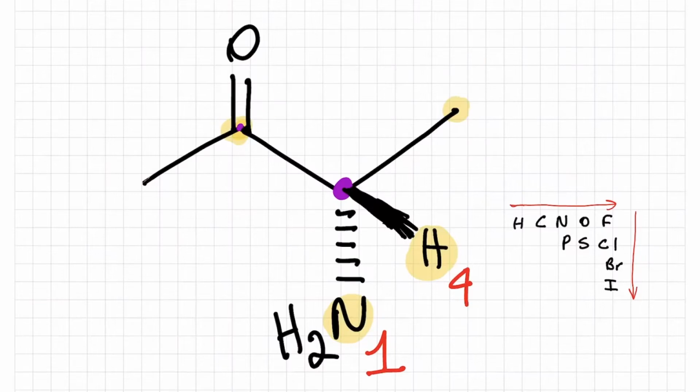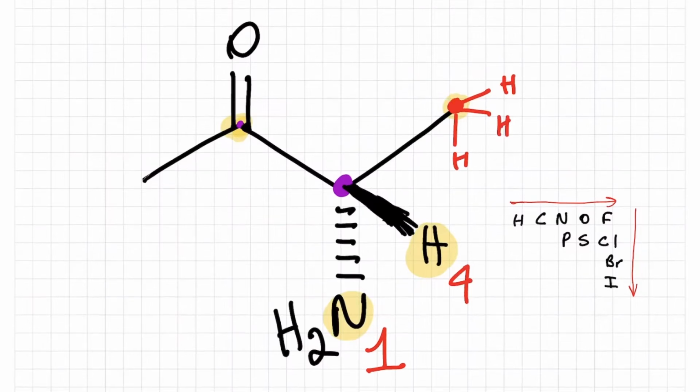To break the tie, let's analyze the group each of them are attached to. For example, the carbon on the right here is attached to 3 hydrogen. We already know there's 3 hydrogen here. And notice how I'm not going back to the chiral center. Remember, the chiral center is what we're trying to solve. No, we're moving away from it. Now I'm focusing on the other group this carbon is attached to. It's attached to 3 hydrogen. So hydrogen, hydrogen here.